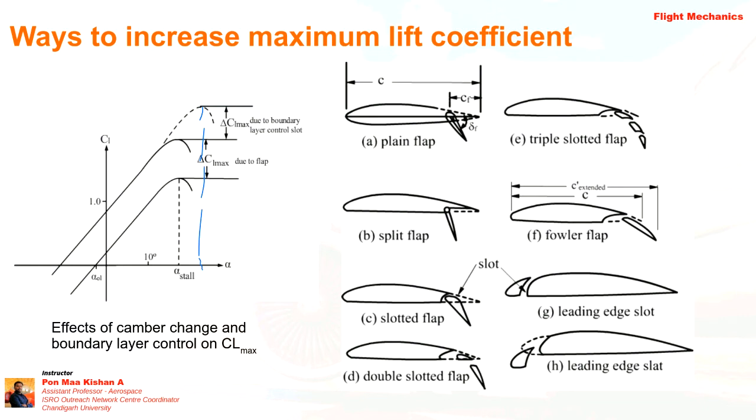So instead of a stall angle of 15 degrees, we can make it 20 degrees. Up to 20 degrees we can generate more lift, and after 20 degrees the stall will form. That is our maximum CL. So by using the slat and flap together, we can achieve more lift.